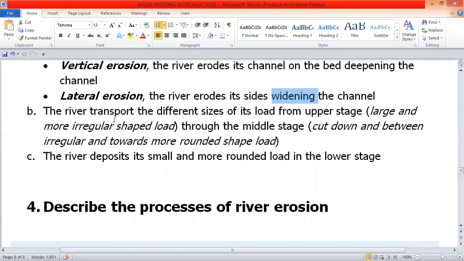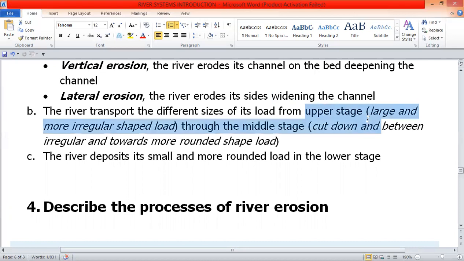The river transports the different sizes of its load. When erosion of the channel happens, there will be particles deposited into the stream. They are called load. So the river now transports the load.